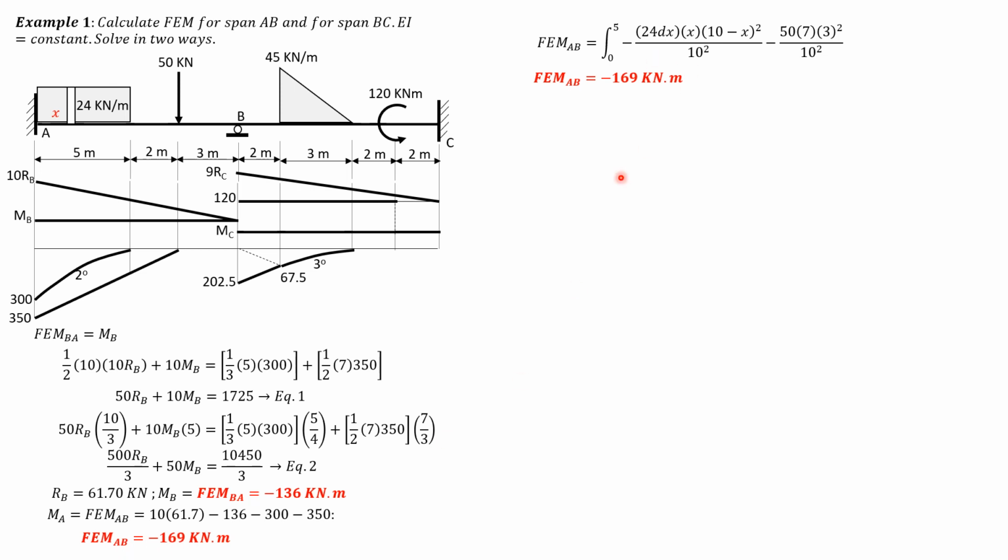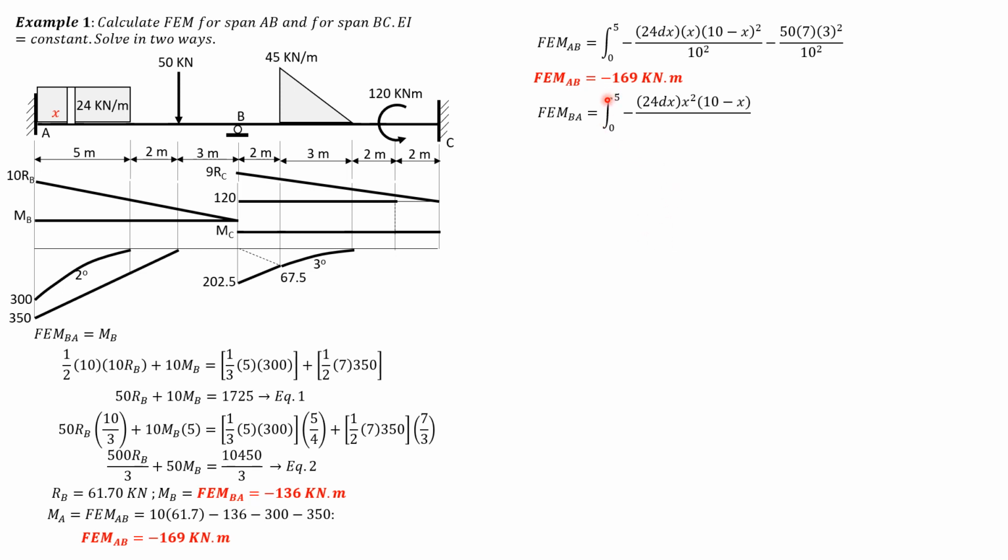Then for BA, for the integral, you just replace it so that x is now squared, then 10 minus x is raised to 1. Then likewise for the concentrated load, 7 is now squared, then 3 is just 3, divided by 10 squared.